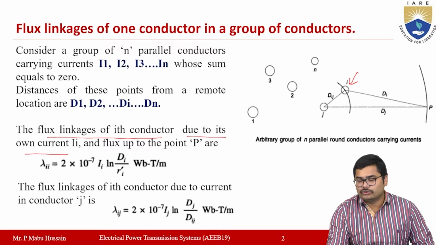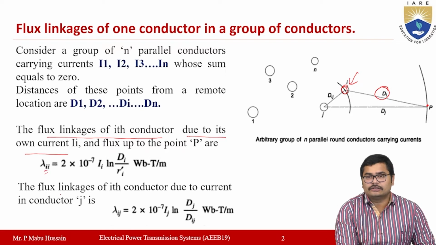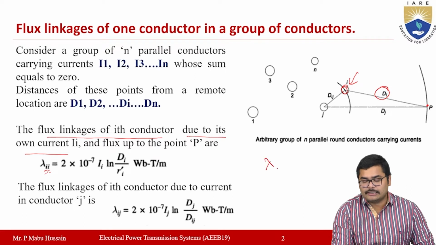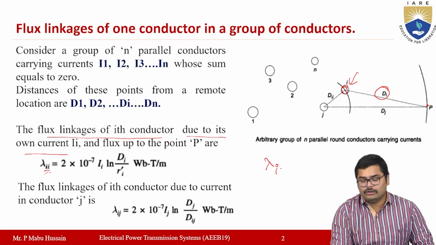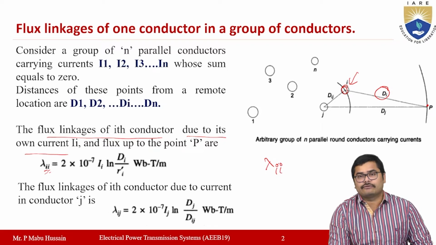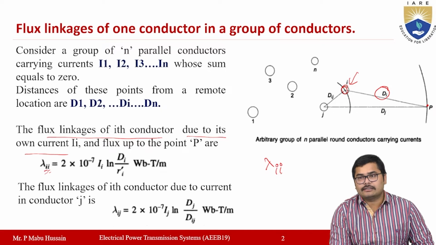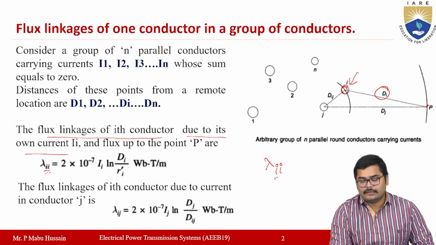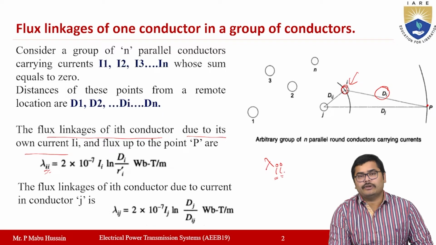As you know, the distance from conductor i to the remote point P is Di. We represent this as lambda ii, the flux linkage of the ith conductor due to current flowing in the same ith conductor.